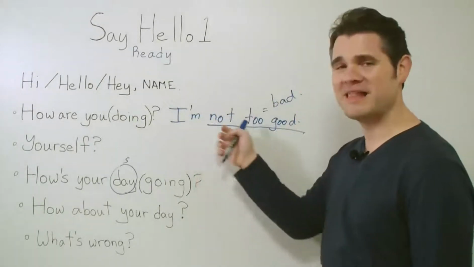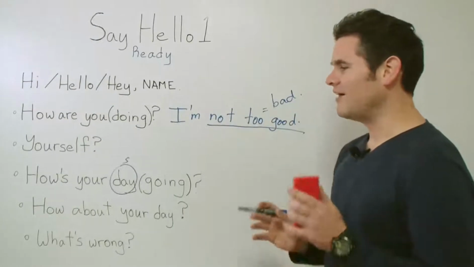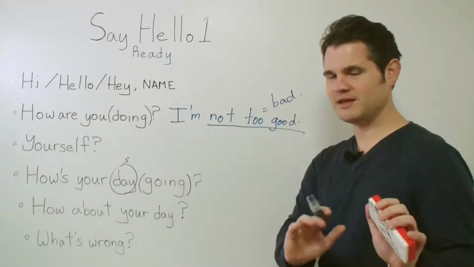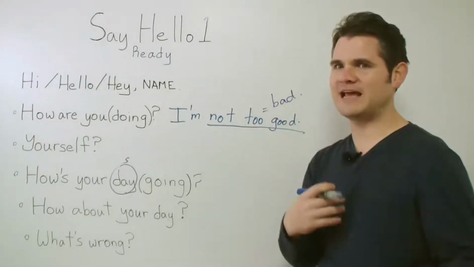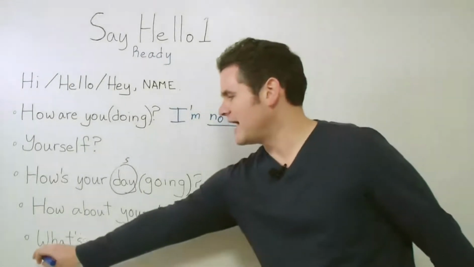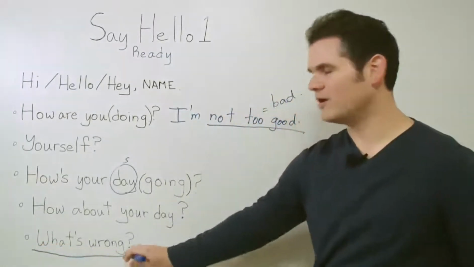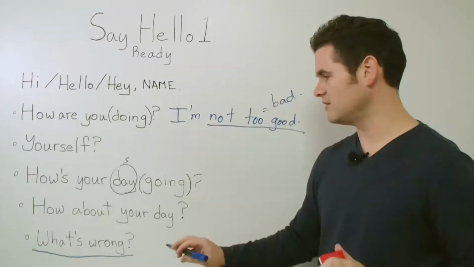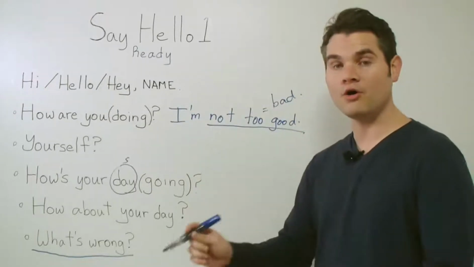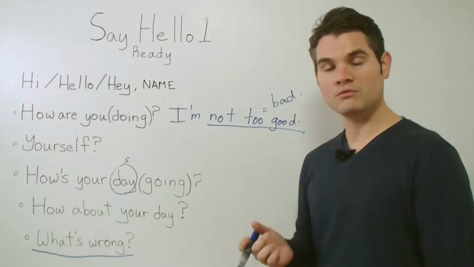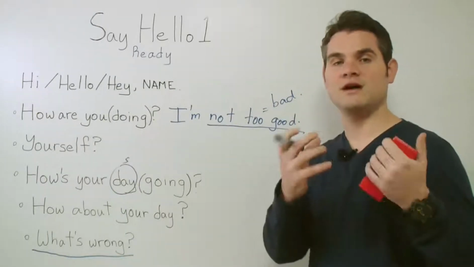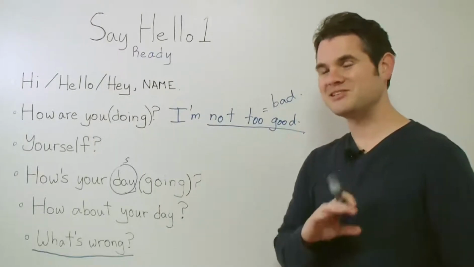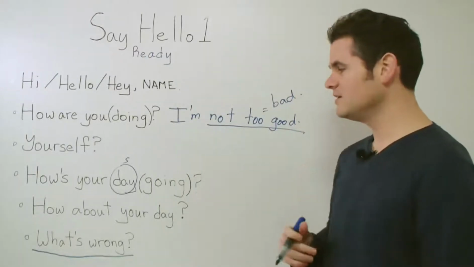I'm bad. Now, in this case, if the person's not in a good mood, if they're having a bad day, if they're sad, if they're sick, you can ask them the question, what's wrong? And you can preface the question with, oh no, what's wrong? When you ask them what's wrong, it expresses concern for their state.